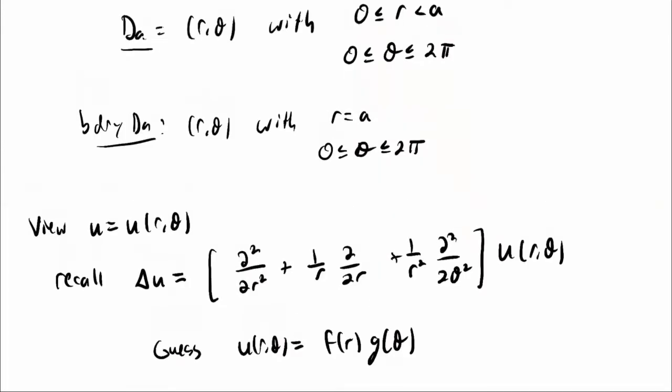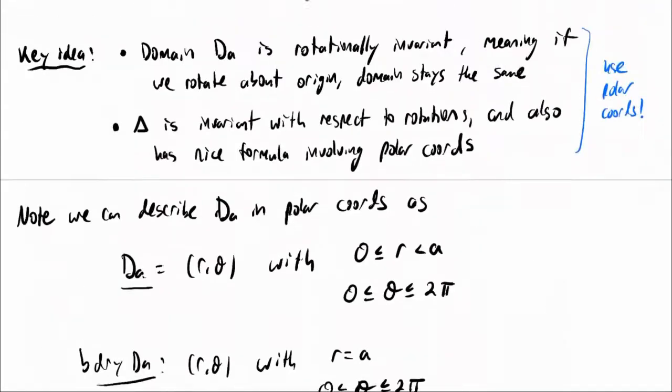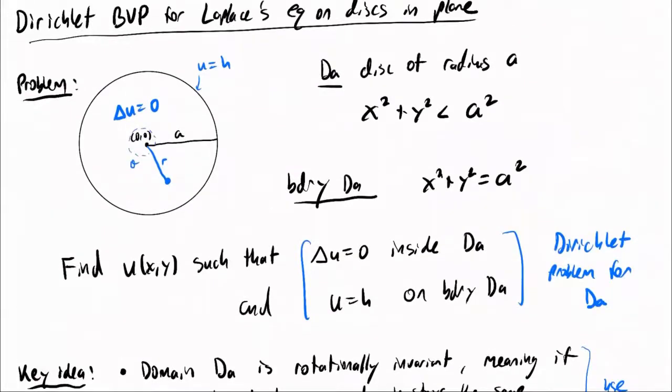One thing to point out is, well, how do we understand the boundary condition? Well, at the boundary in polar coordinates, r is just equal to a, so the only thing that's varying is theta. So this is a function of theta between 0 and 2 pi.